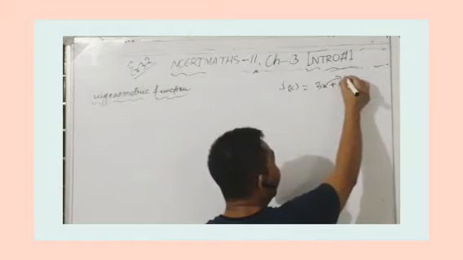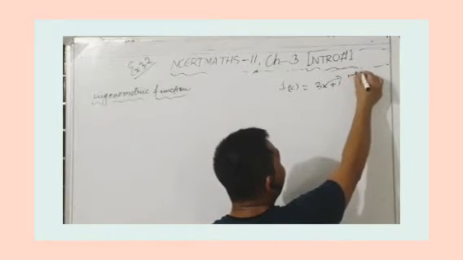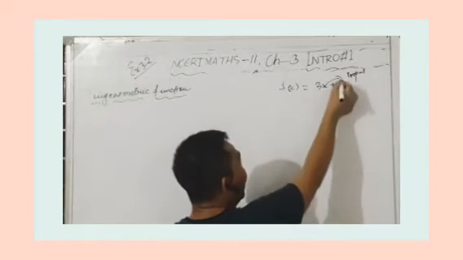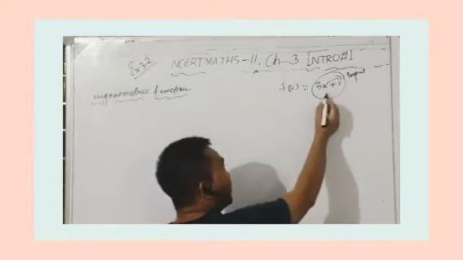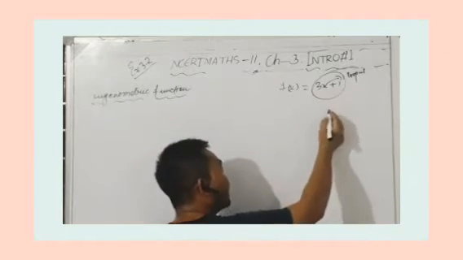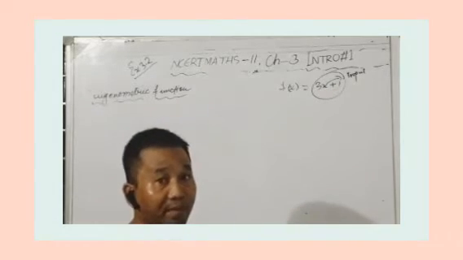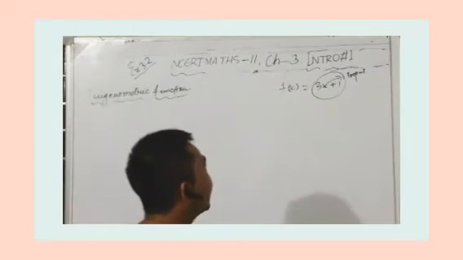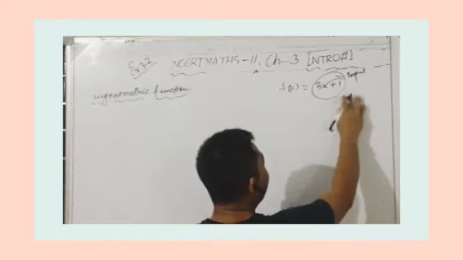After supplying the input in x, what do you get? We get a new value. That value belongs to f of x. So all together, it will be the output.